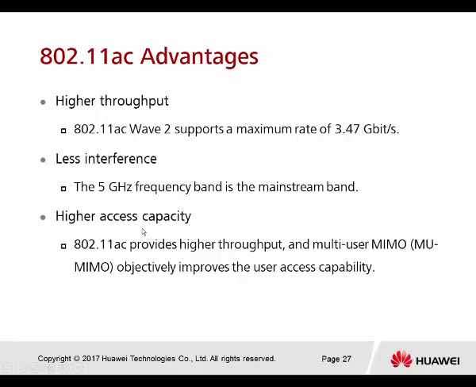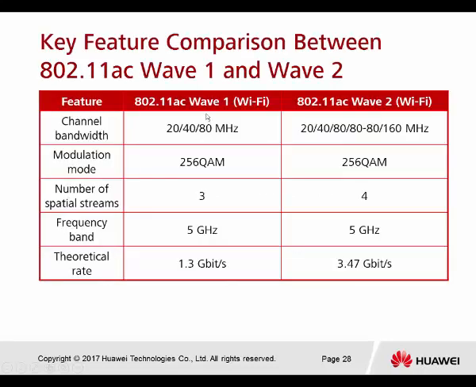So this version not only provides the standard MIMO access, it can also provide MU-MIMO, which stands for multi-user, multiple-input, multiple-output. Right here we have Wave 1 and Wave 2 AC. Wave 1 can only support up to 80 MHz channel bonding.